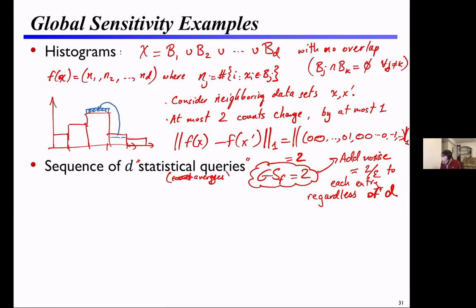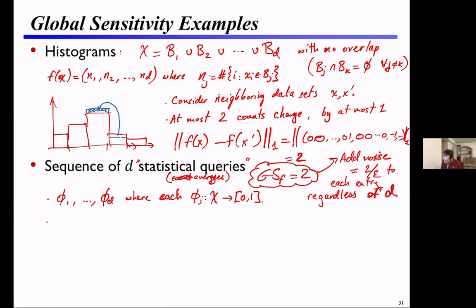Imagine we've got functions phi 1 up to phi d, where each phi j maps a possible record x to a number between 0 and 1. For example, phi takes the record x and extracts the income from, say, a tax form, normalized to lie between 0 and 1.